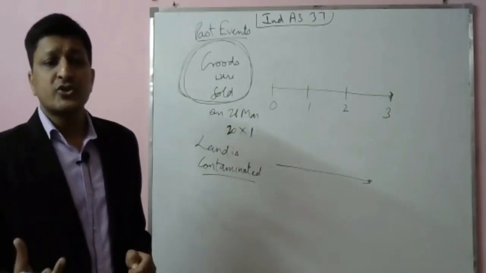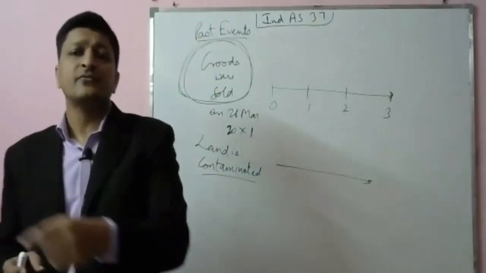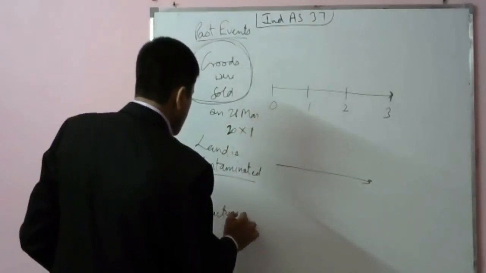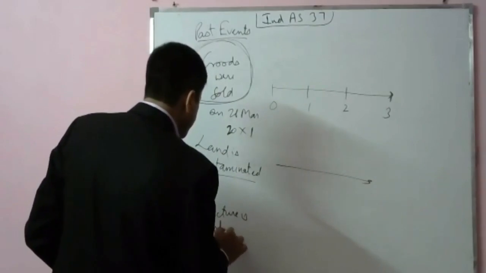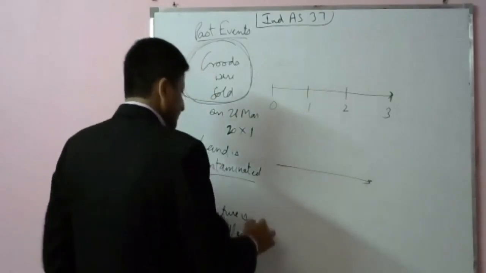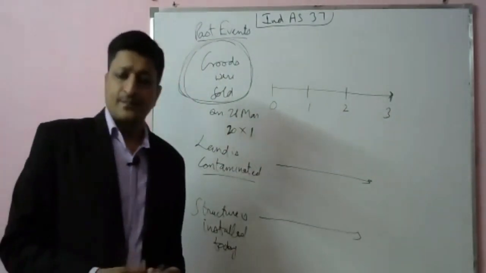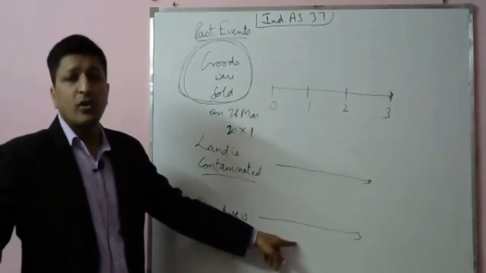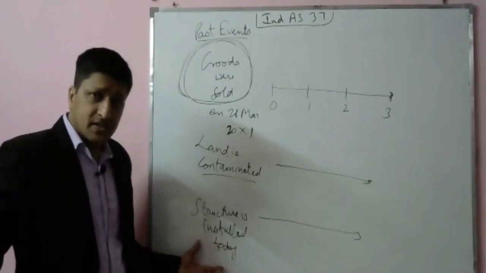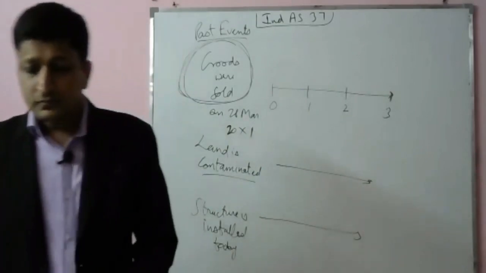Because some structure is installed today, which will be required to be decommissioned in future, and which will result in outflow of resources. Okay. So here again, what is the past event? This is the past event.